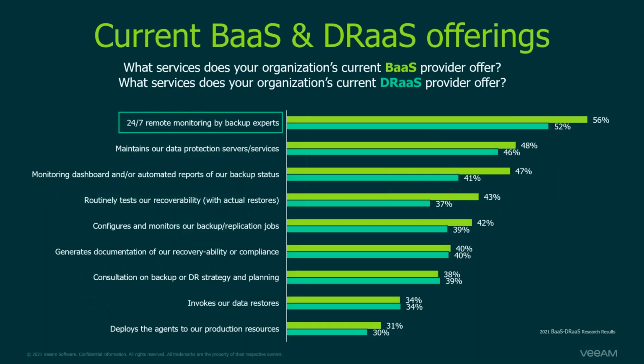So let's take a look really quickly at this graph. This is taken from an independent research study that we did earlier this year. As you can see, the top highlighted service offering that customers are looking for from their managed service providers is actually 24/7 remote monitoring and management.